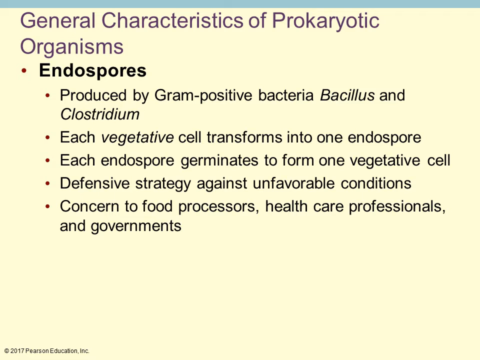For Bacillus, one of the huge concerns, and why it says governments, is there is a species, Bacillus anthracis, that does produce an endospore. That is the causative agent of anthrax, so there's concern for that. Not only from a healthcare professional standpoint, but certainly in terms of governments and basically biological warfare.